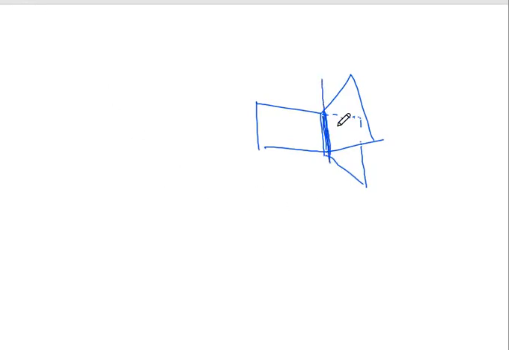Sometimes, if you draw like this, let's say, your planes: there's one plane, another plane, and another third one is this. Going down. So here this line is common to all three planes, alpha, beta, gamma.